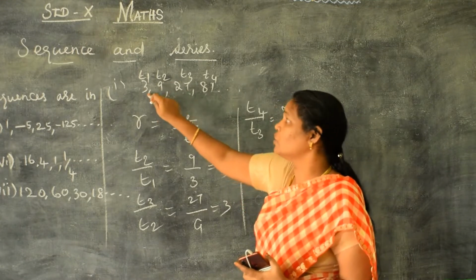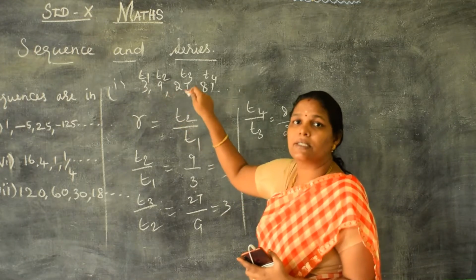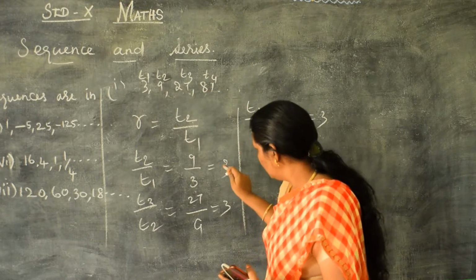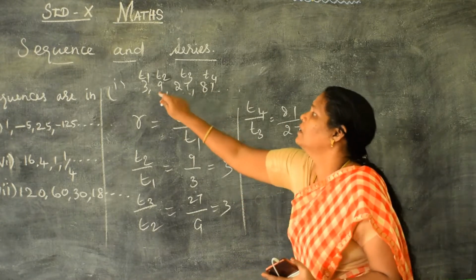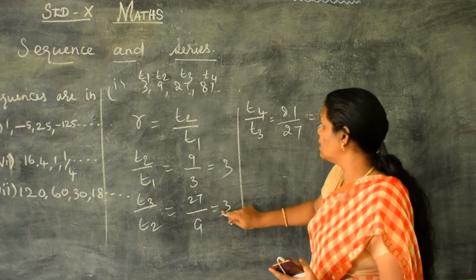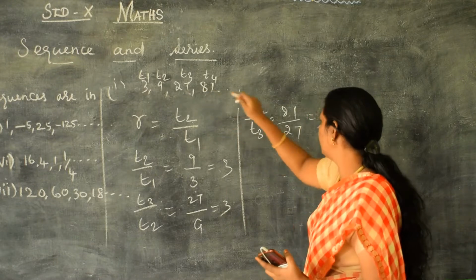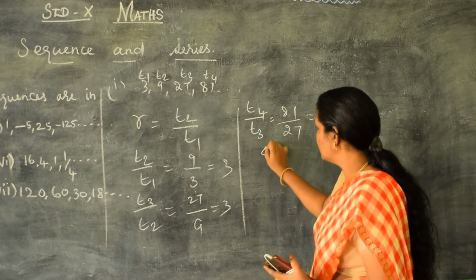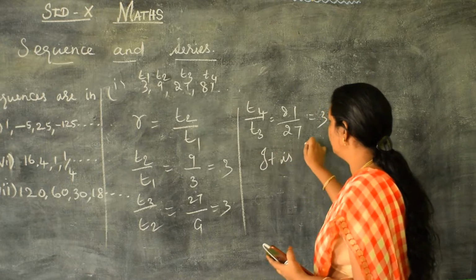The ratio between T1 and T2 is 3, between T2 and T3 is 3, between T3 and T4 is 3. So, it is in GP.